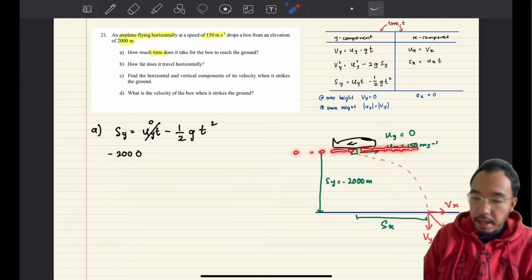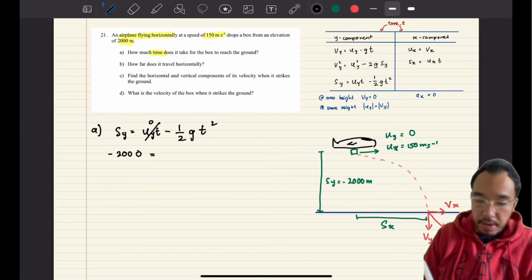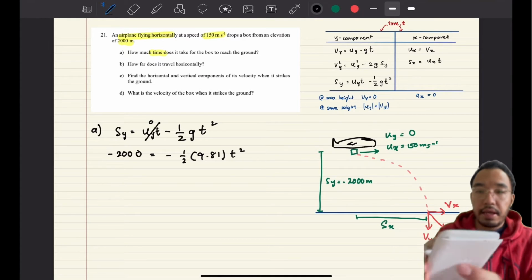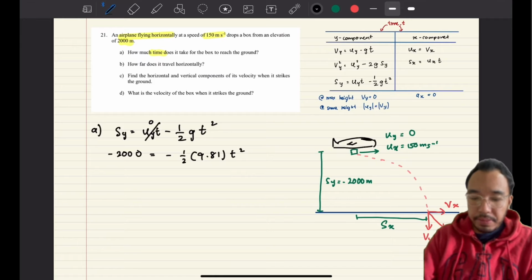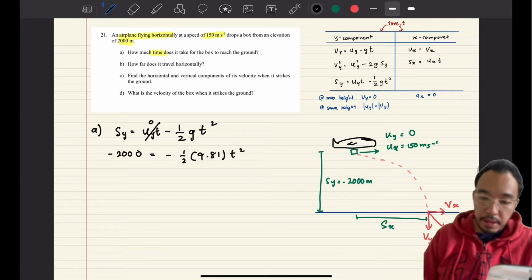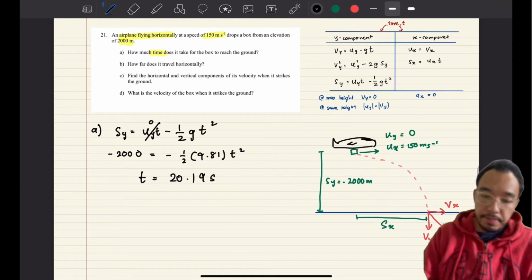This is when s equals 0. Anything below is negative, so negative 2000 equals negative half times 9.81 t squared. Obviously the negatives cancel out, so you have the square root of 2000 multiplied by 2 divided by 9.81. Okay, I got t equals 20.19 seconds. That one's for question A.